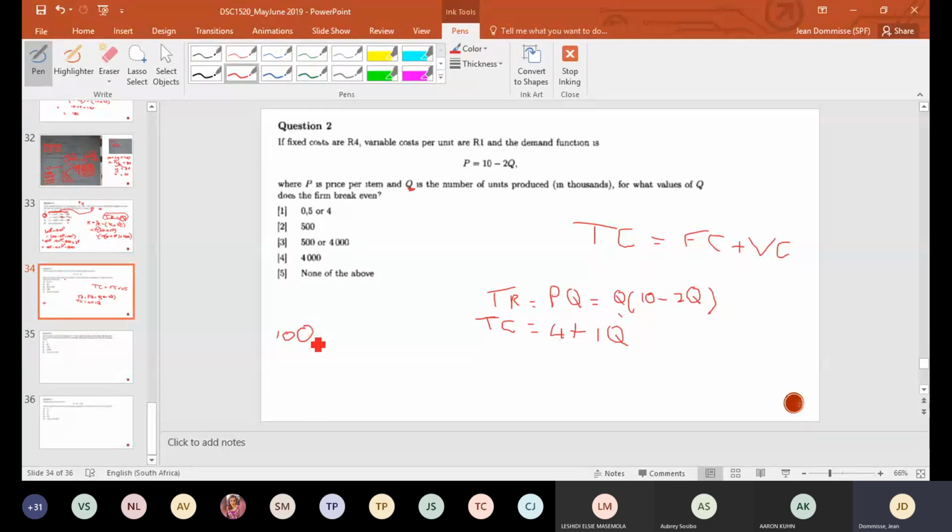So that is 10Q minus 2Q to the power of 2 is equal to 4 plus Q. I hope that is right. Is that what somebody else is also getting? So it will be minus 2Q to the power of 2 plus 9Q minus 4 will be equal to 0.